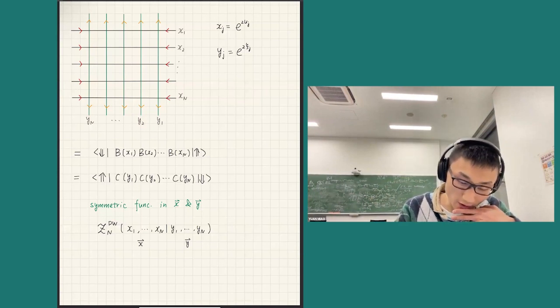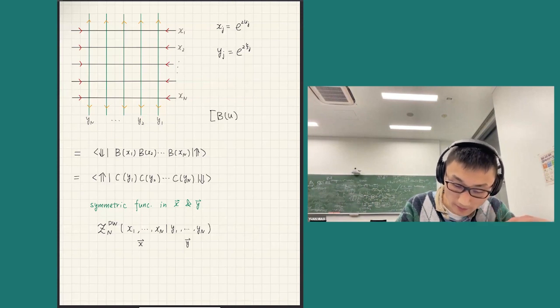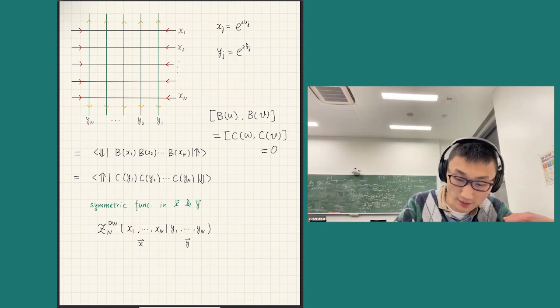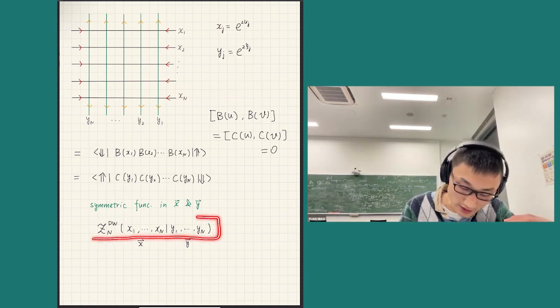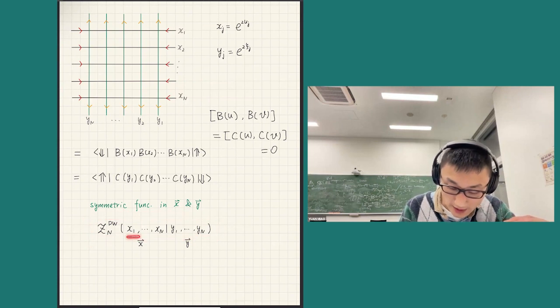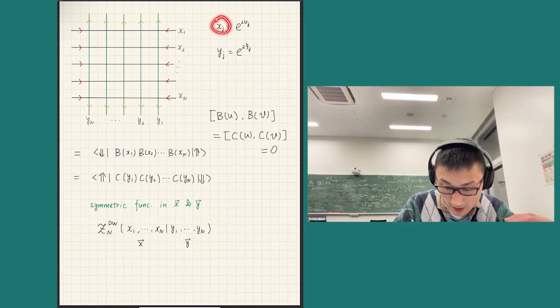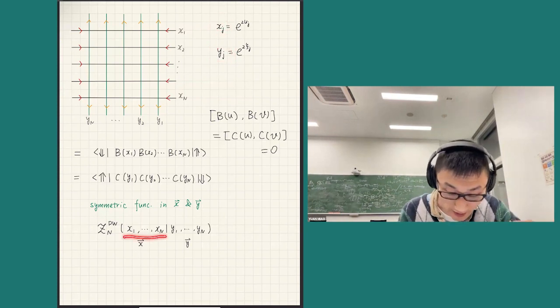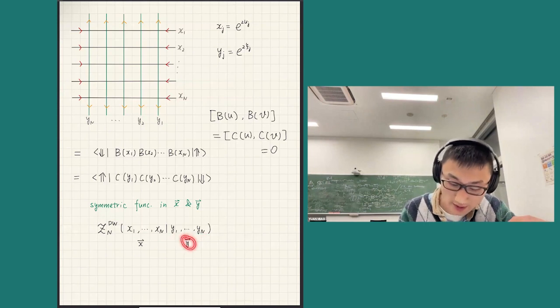So first of all, we know that these B operators commute among themselves. This is a fact from the algebra of this ABCD operator. All these B and C operators commute with themselves, and this implies that if we take this partition function as a function of these variables xj and yj, it's a symmetric function in x1 to xn, and also a symmetric function in y.